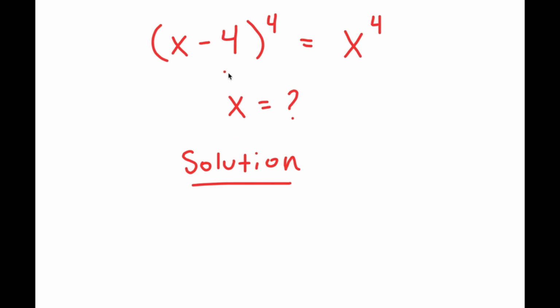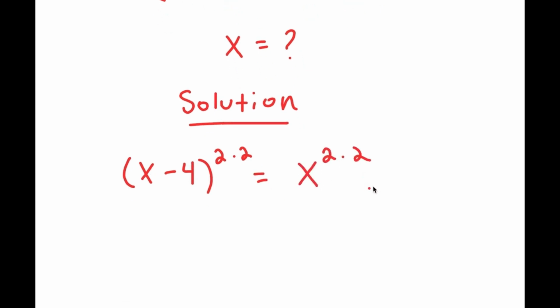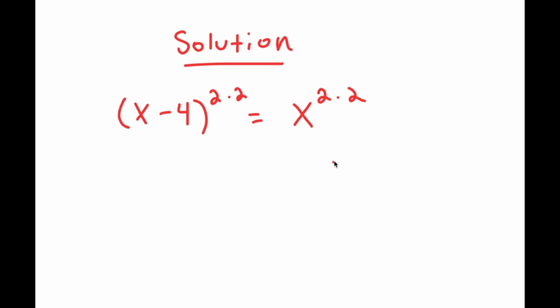What I'm first going to do is rewrite this equation as (x minus 4) to the power of 2 times 2 is equal to x to the power of 2 times 2. The reason I did this is because now I can use the property (a to the power of m) to the power of n is equal to a to the power of m times n.